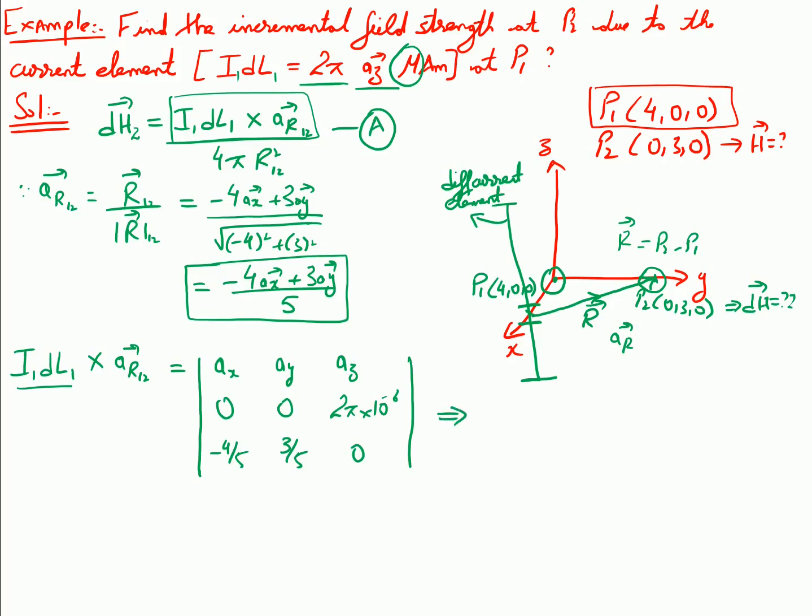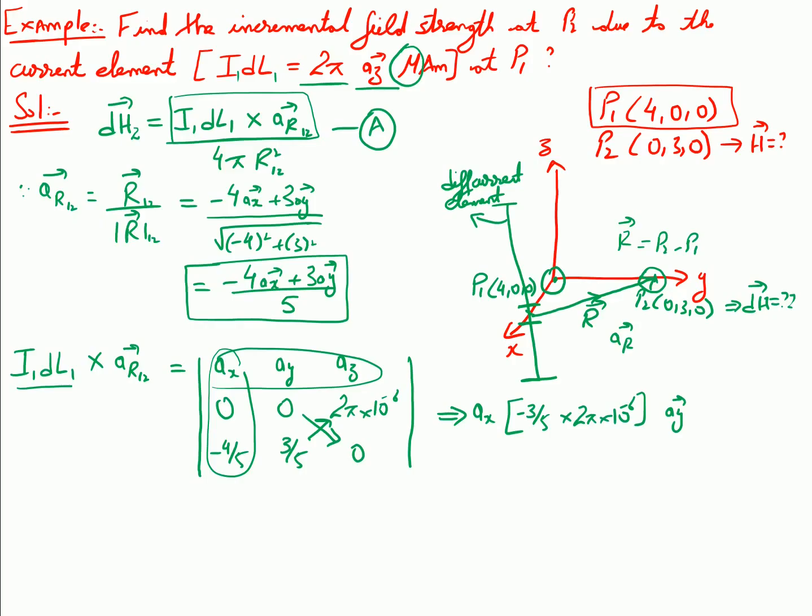Let us do it over here. First along a of x, for the a of x, this and this is ignored and we take the product and difference of these two values. So it comes out to be minus 3 by 5 multiplied with 2 pi into 10 raised to power minus 6. Then we go for a of y.